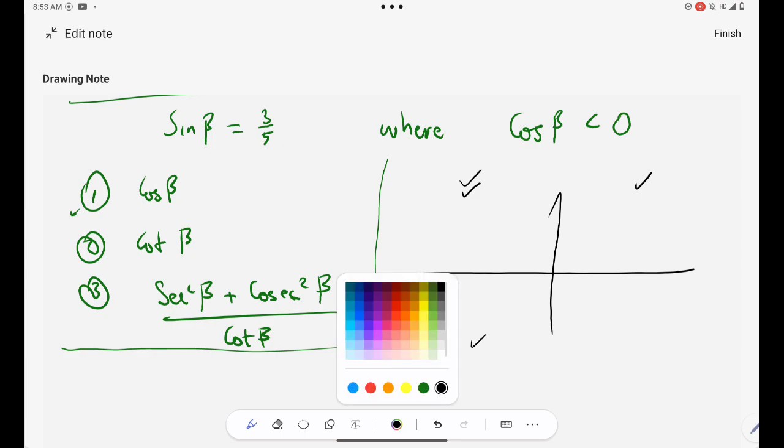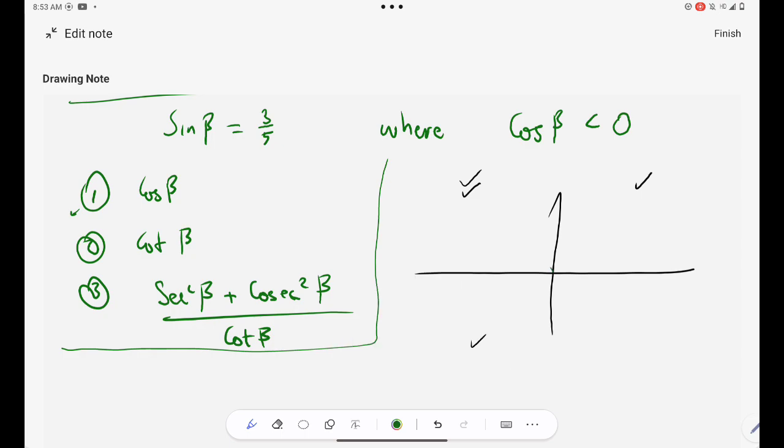Where I have the most number of ticks, that's where I will have my right angle triangle. Since by definition sine is opposite over hypotenuse, or also known as y over r, this is my y and this is my r. And it makes sense because y is positive, and my triangle is above the x-axis, so y has to be positive, right?